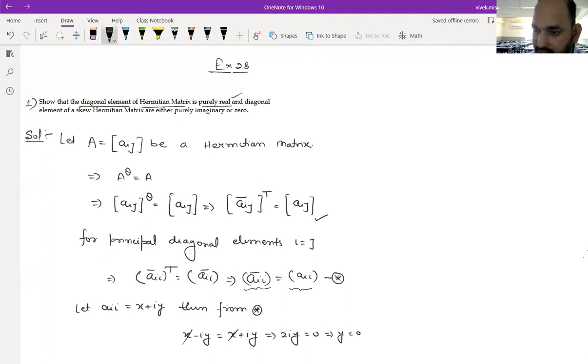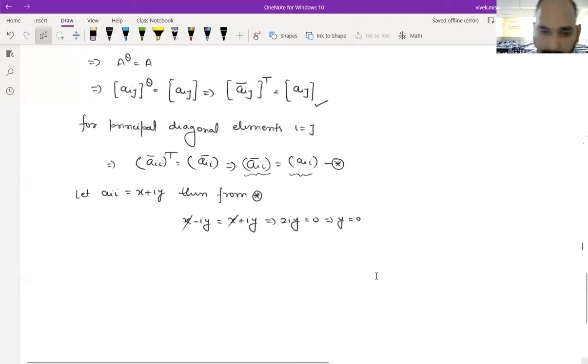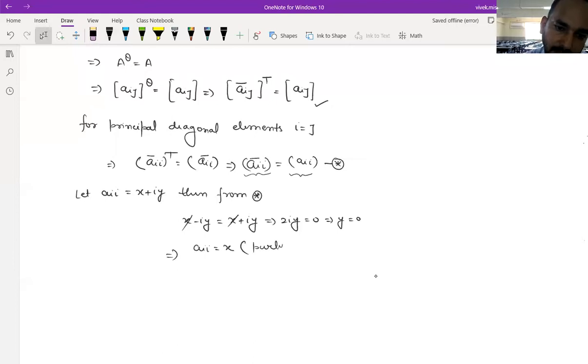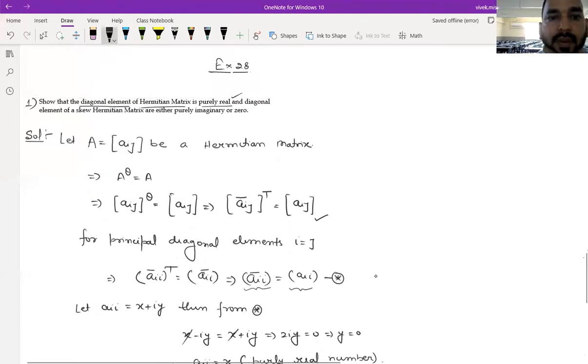This implies Aii is equal to x, a purely real number. So the principal diagonal elements of a Hermitian matrix are purely real numbers. So the first part is proved.